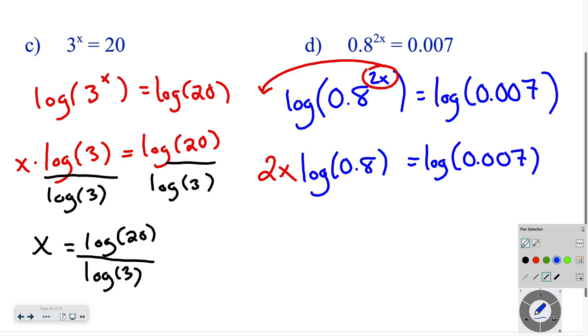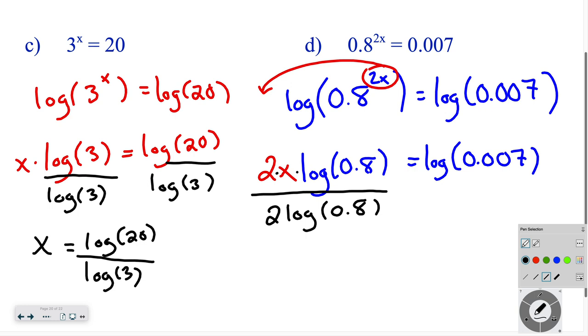I can divide both sides by the log of 0.8, or you could divide both sides by 2 log 0.8 at the same time, because multiplication is commutative, right? 2 times x times log 0.8.